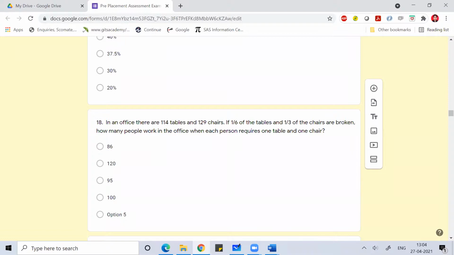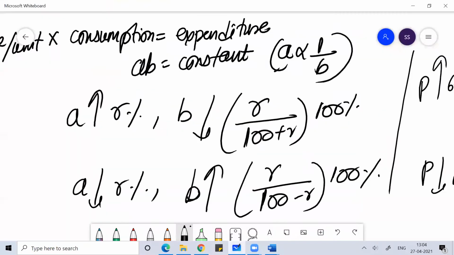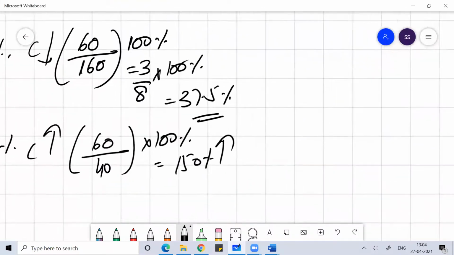When you talk about chairs, 1/3 of the chairs are broken. 1/3 of 129 means 43 chairs are broken. So how many chairs are in good shape? 86. So 86 chairs and 95 tables are in good shape.